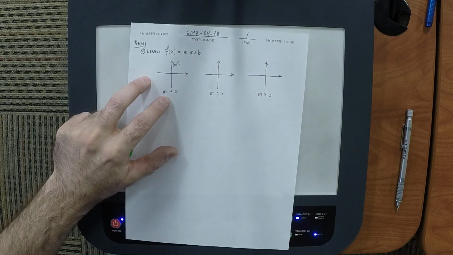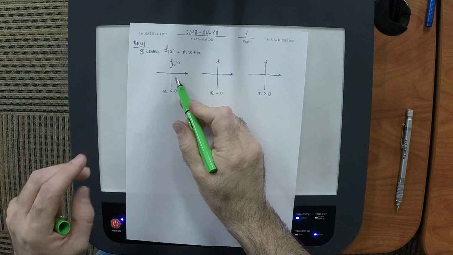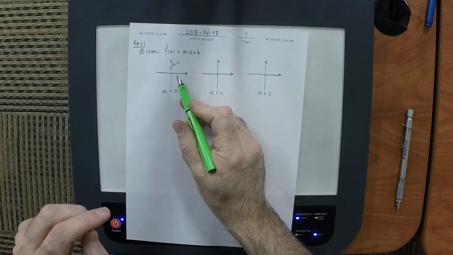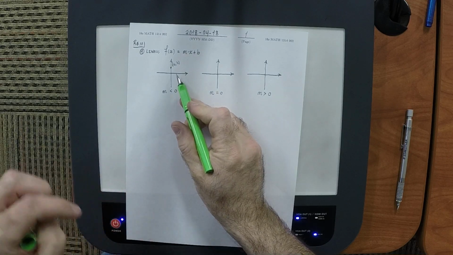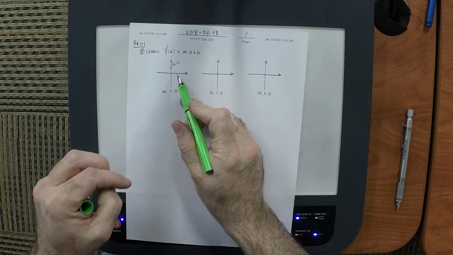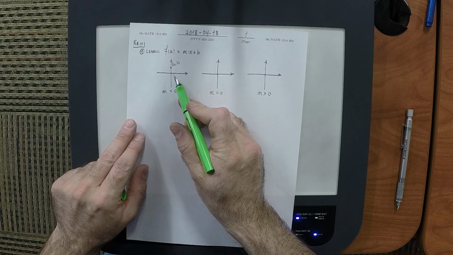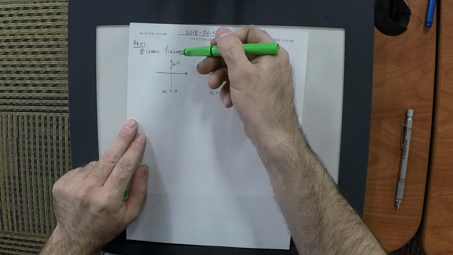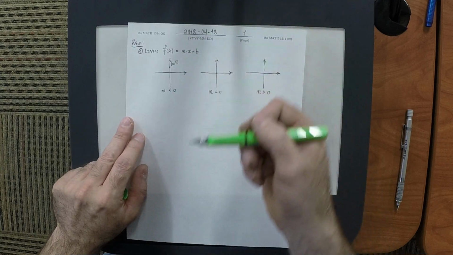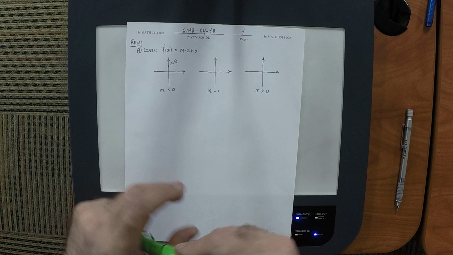That's one of the points. Now, because I didn't draw a scale, you can't tell me the exact value of b, but from this drawing, you should be able to tell me the sign of b. What's the sign of b? Positive. How do you know that b has to be positive? Well, yeah, right. It's above the origin. It's on the positive part of the y-axis.